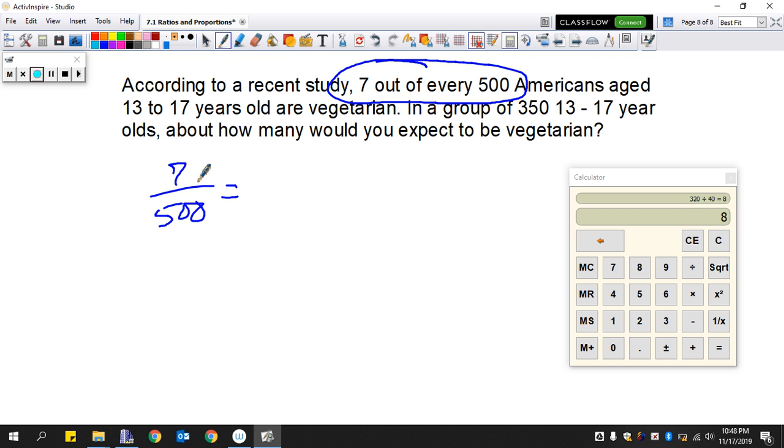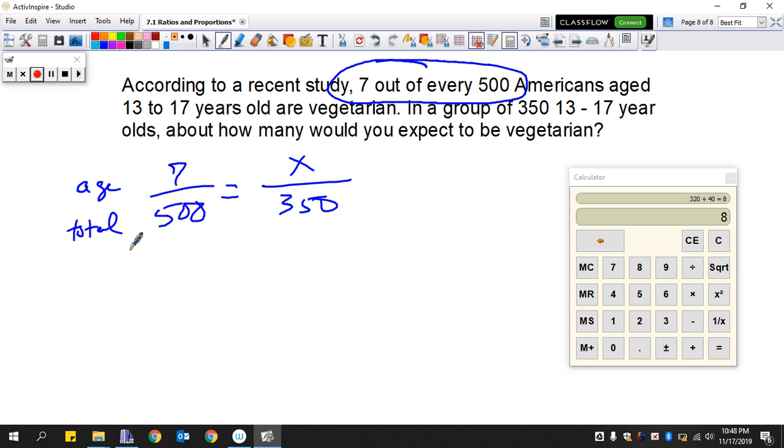This is the age group, and this is the total. Out of the total, we have 350 total.